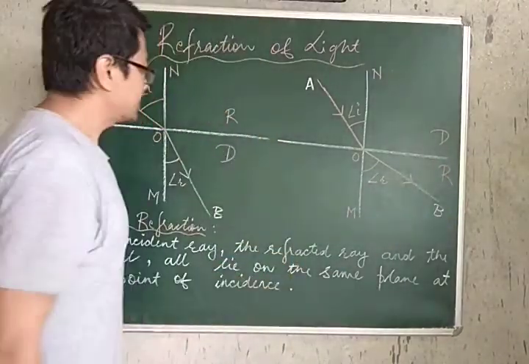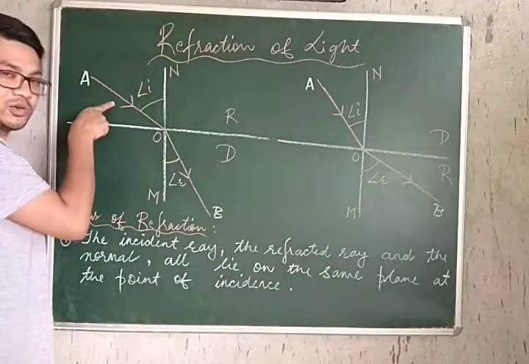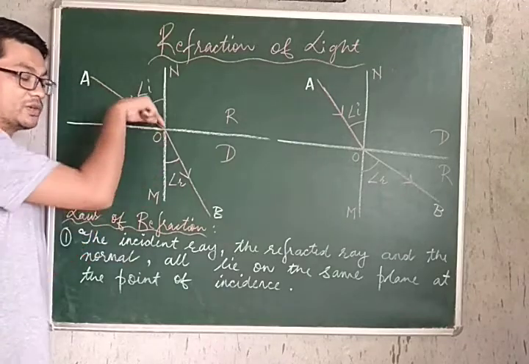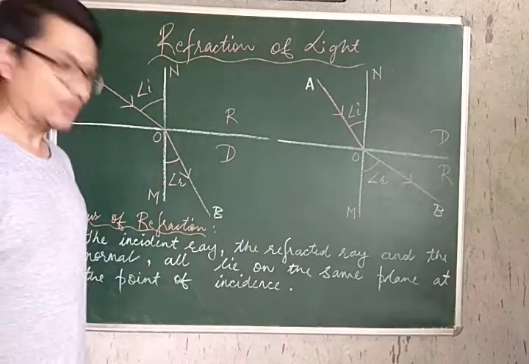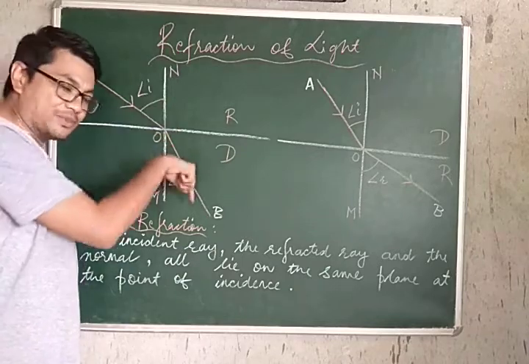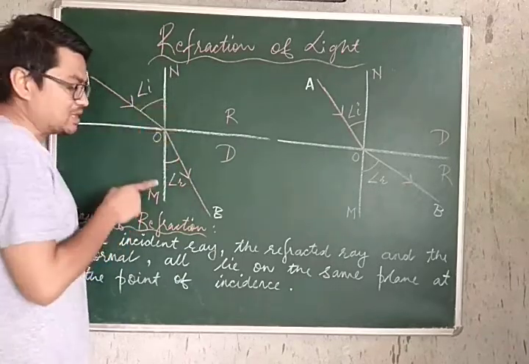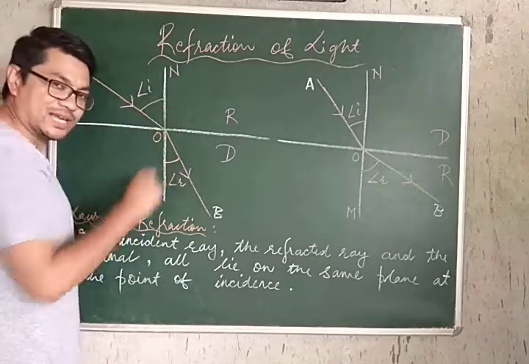We saw that whenever a ray of light comes from a rarer medium to a denser medium, the ray of light bends towards the normal, as you can see.